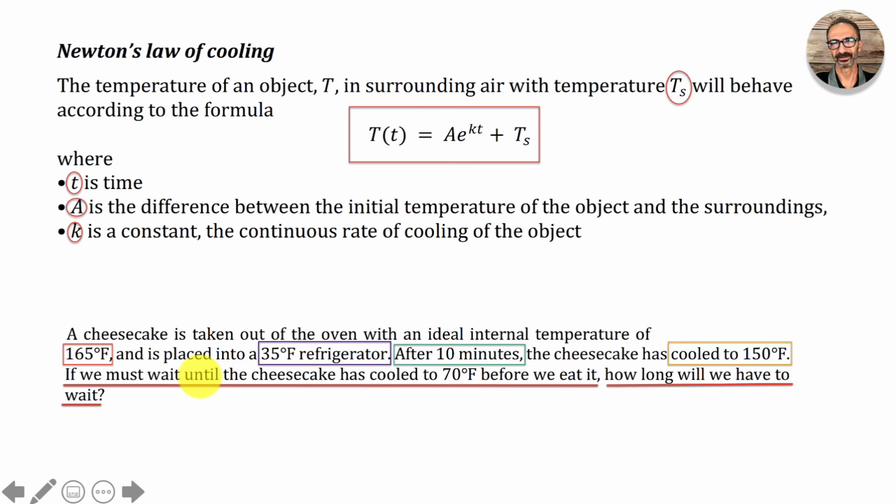I wouldn't do that, but that's what the problem is. I think you get my point, right? After 10 minutes, the cheesecake has cooled to 150 degrees. If we must wait until the cheesecake has cooled to 70 degrees before we eat it, how long will it take? Let's get started.